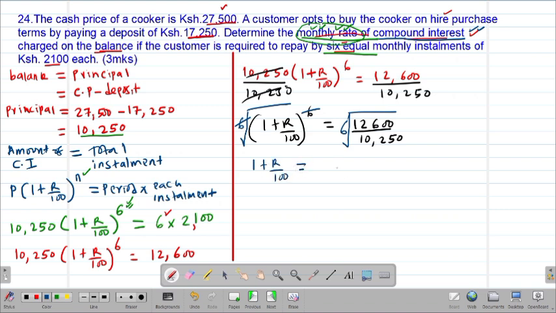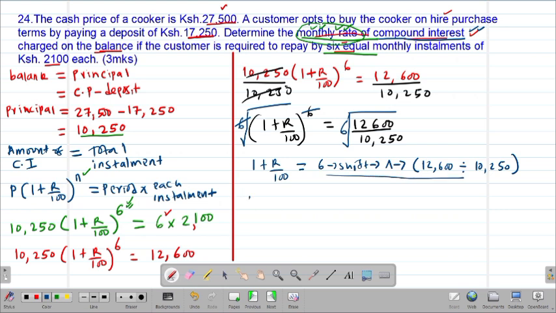To compute the 6th root, you follow this procedure on your calculator. You press 6, then shift, then this particular symbol, then open bracket 12,600 divided by 10,250. You follow exactly these instructions on the calculator.